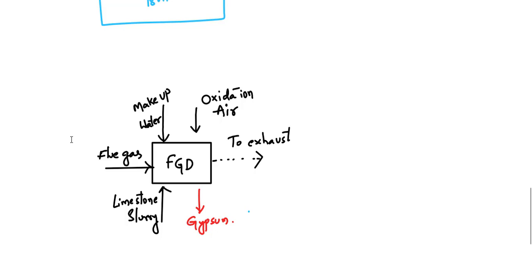Now we will see an overview of the topic. Flue gas passed through the desulfurization unit mixes with spray containing limestone and water, resulting in the formation of calcium sulfite, CaSO3. This calcium sulfite in oxidation results in the formation of gypsum, CaSO4.